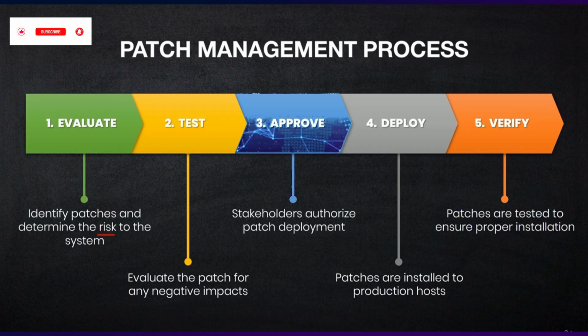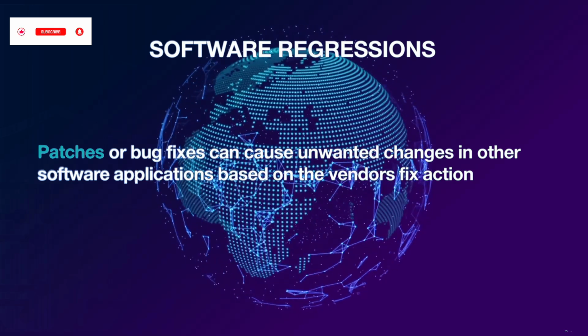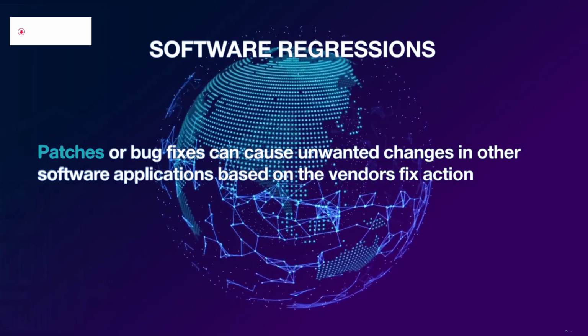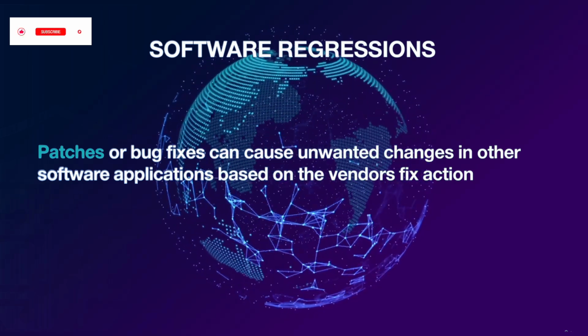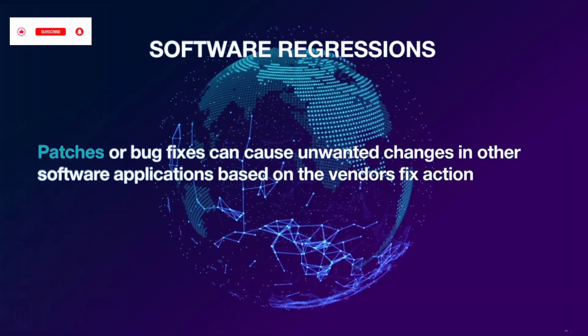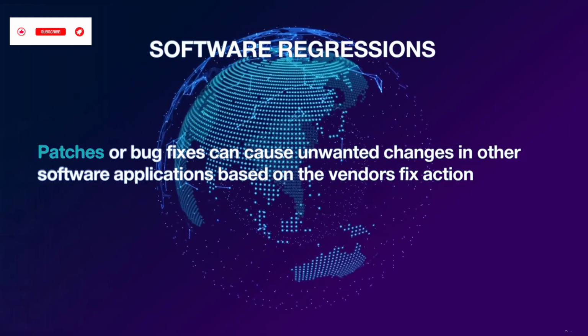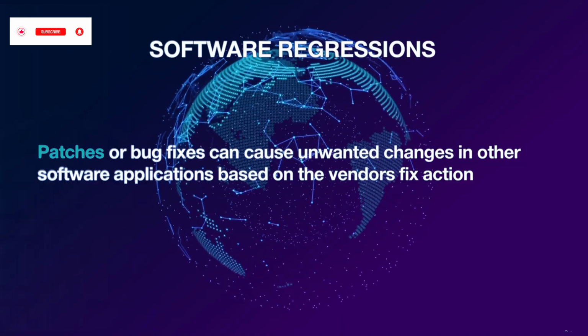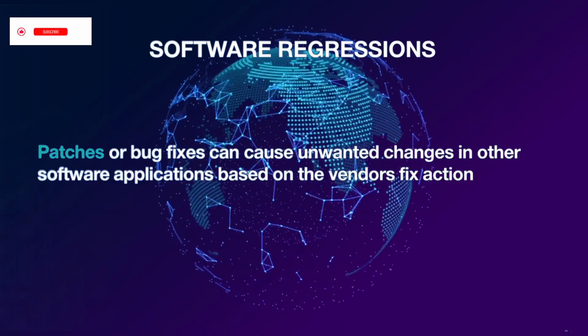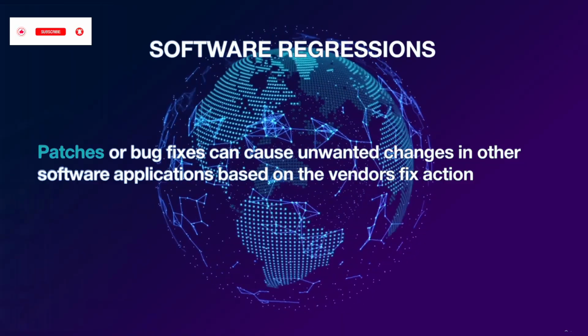Now, as part of step 5 of this process, I mentioned regression. So what is regression? Software can regress, meaning a patch or a bug fix can cause unwanted changes, regress the configuration, or regress the security baseline in the software application. And it could be based on the vendor's fix action. It could be based on a configuration setting and so on.